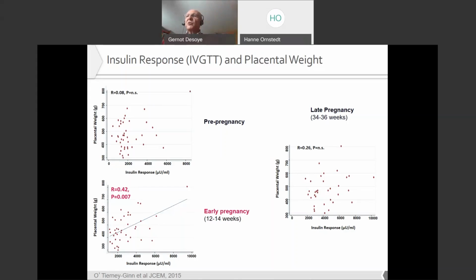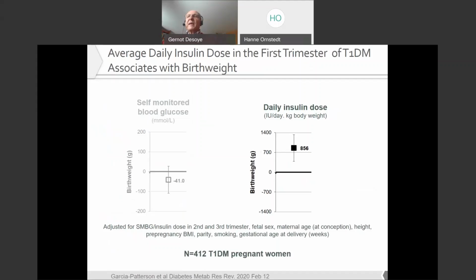So there seems to be at least some association of insulin levels early in pregnancy with placental weight at the end of pregnancy. So insulin may drive placental growth that will then track through pregnancy until the very end.